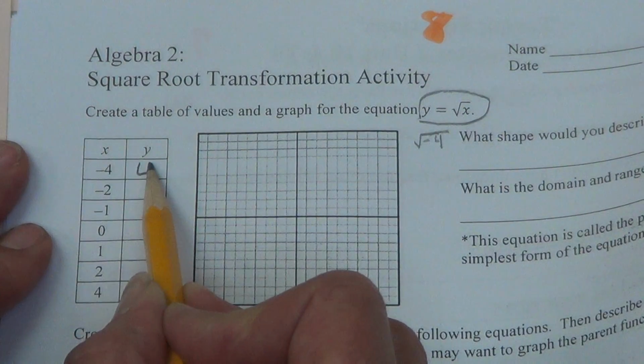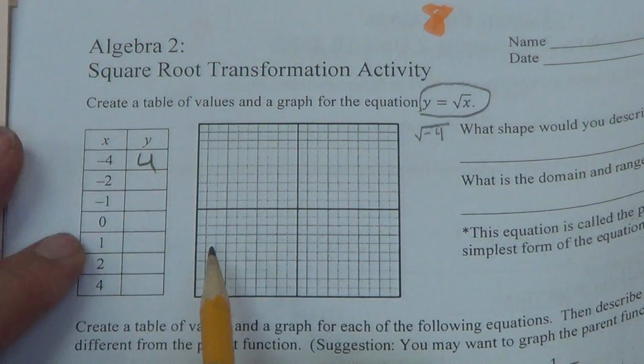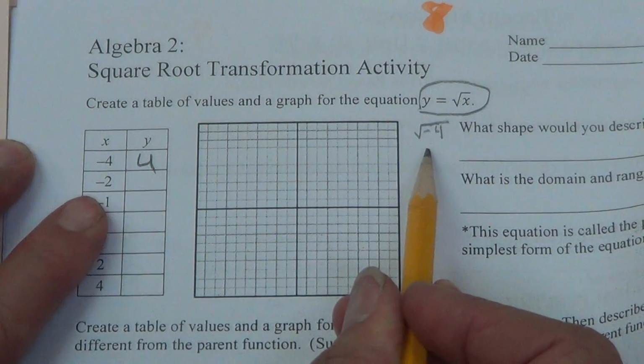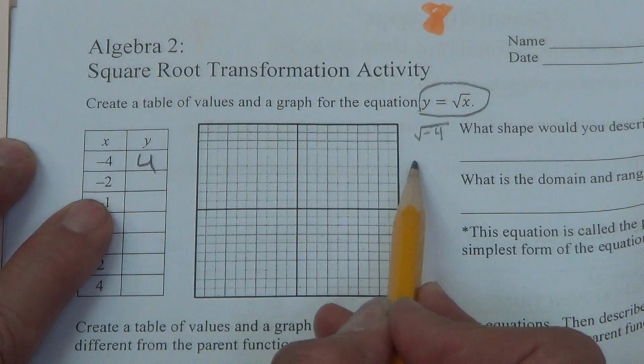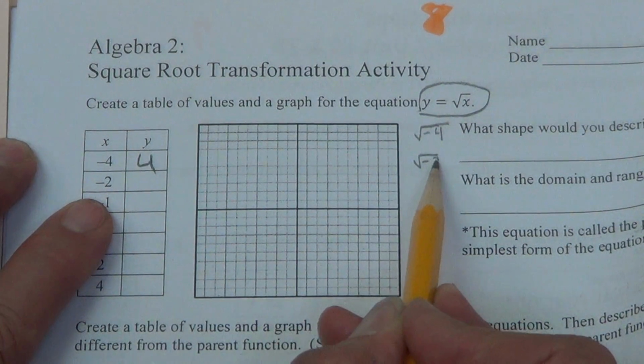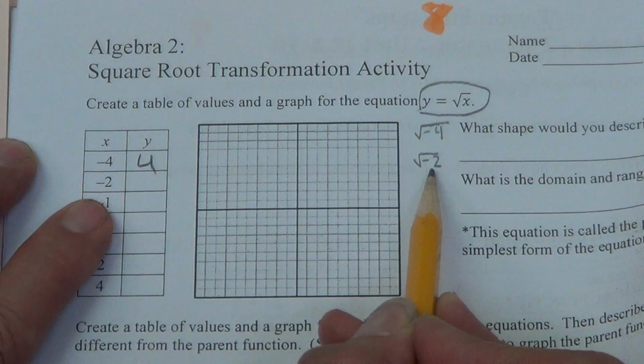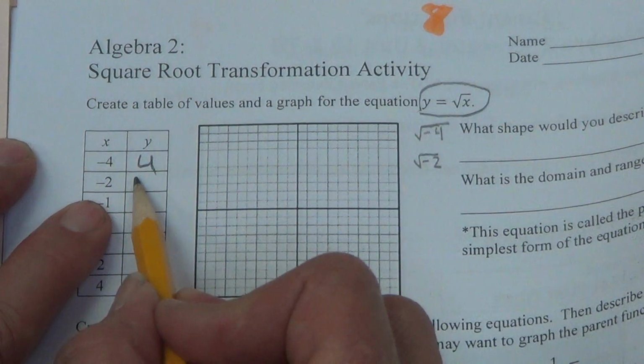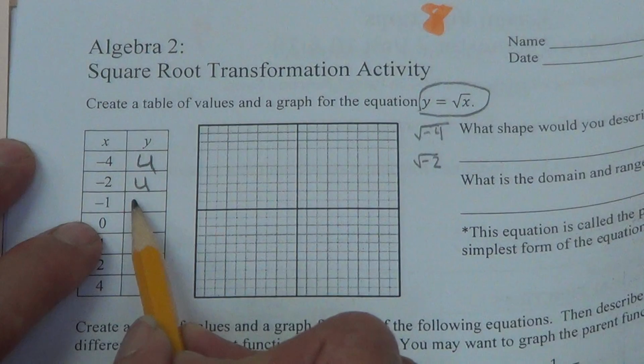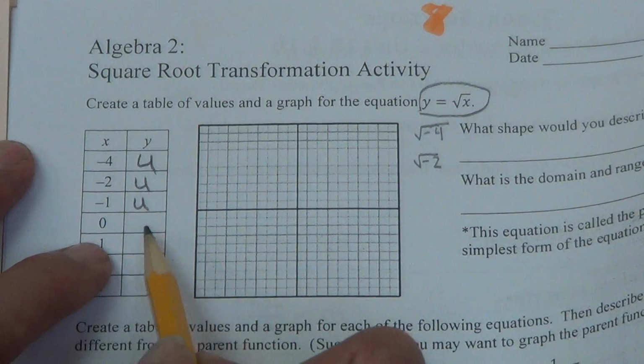So this becomes undefined. Square root -2. Again, can we get anything to equal a negative number? No, so it's undefined. -1 is undefined.